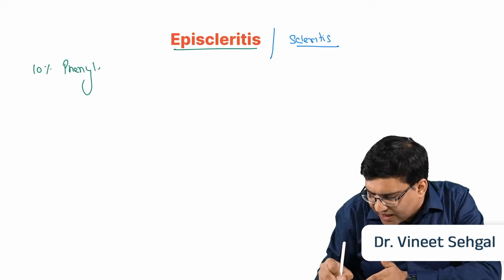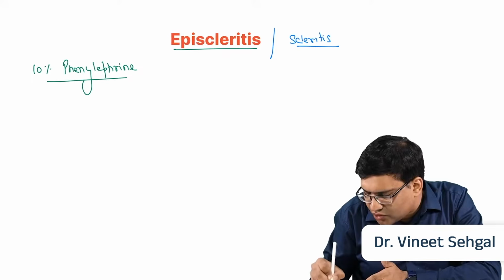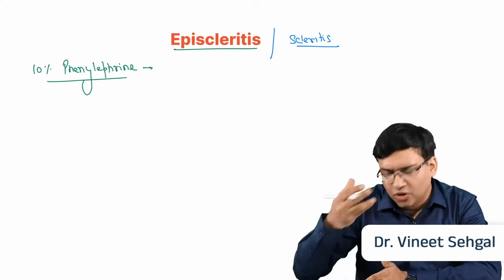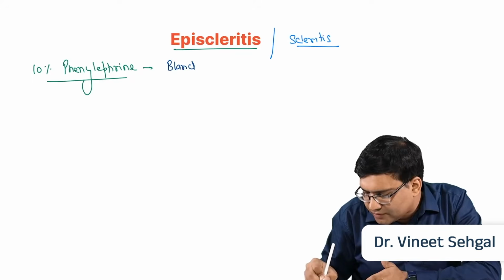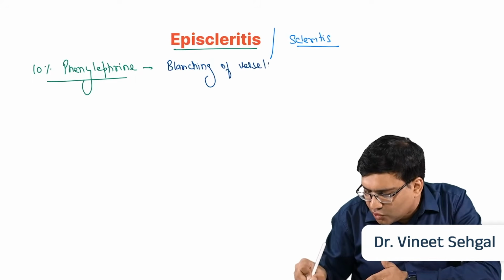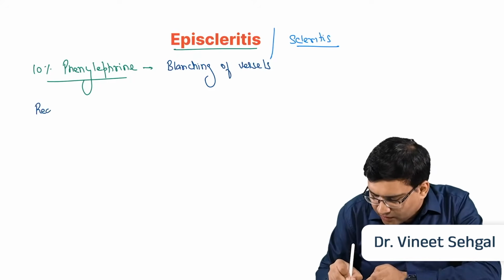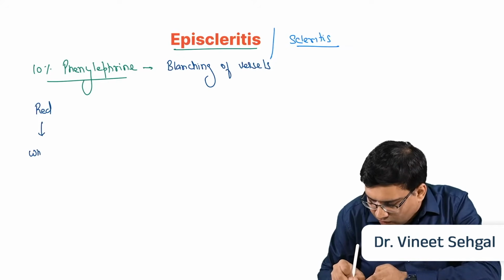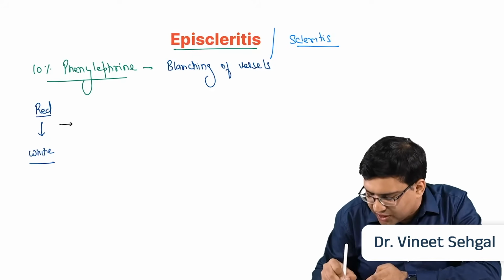That is 10% phenylephrine solution eye drops that we put over the eye, and that causes blanching of the vessels. So the red eye becomes white. Why? Because only the superficial vessels are involved.